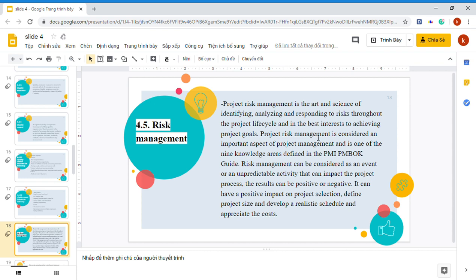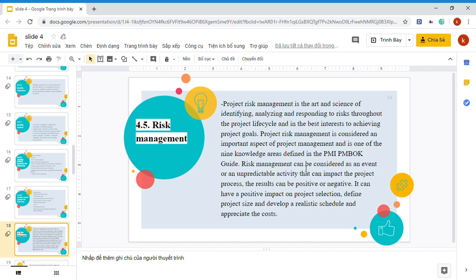Project risk management is considered an important aspect of project management and is one of the nine knowledge areas defined in the PMBOK.